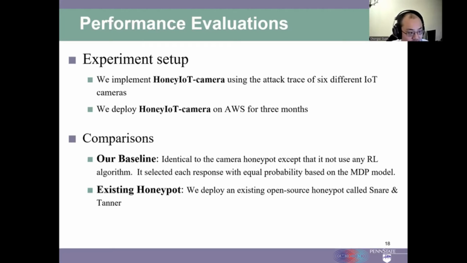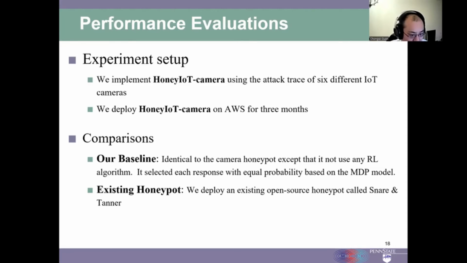So for performance evaluation, we have implemented HoneyIoT camera using the attack traces of 6 different IoT cameras, and the camera honeypot is deployed on AWS for 3 months. In order to test how much the reinforcement learning algorithm can help, we also implemented a baseline honeypot, which is identical to the HoneyIoT camera, except that it does not use any reinforcement learning algorithm.